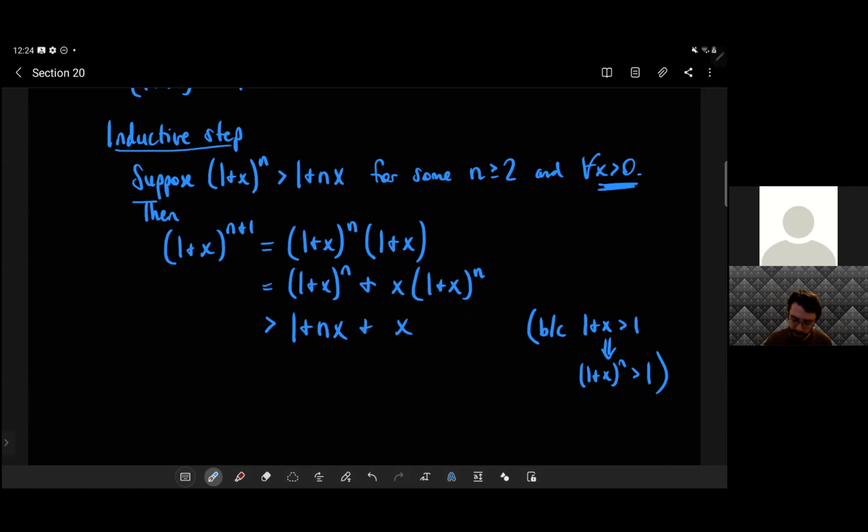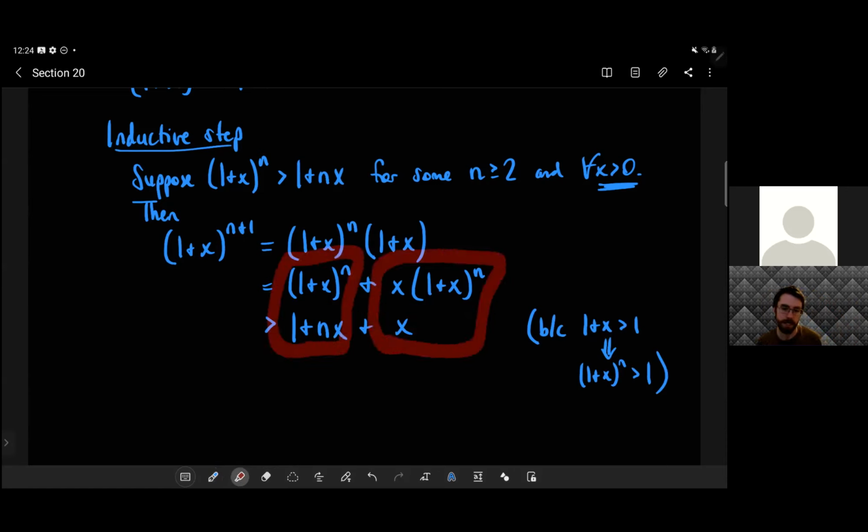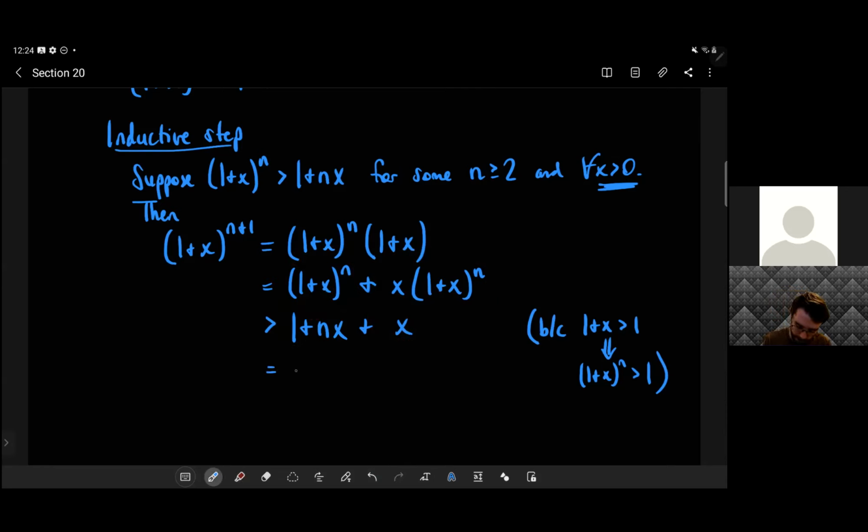So really, maybe I should have written two inequalities, but you can combine them essentially. This one's bigger than that one's bigger than that one. And that's exactly what we wanted. That's 1 plus, how was I writing this? n plus 1 x.